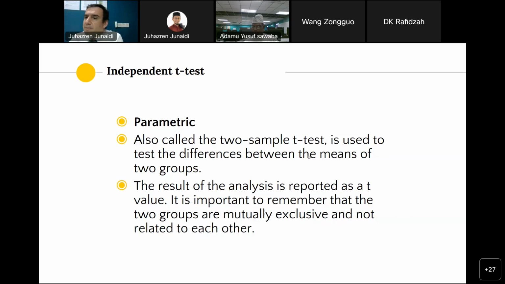Also called the two-sample t-test, it is used to test the difference between the means of the two groups. The result of the analysis is reported as a t-value. It is important to remember that the two groups are mutually exclusive and not related to each other. Sometimes we overlook this. Like we have two classes that we teach, okay?